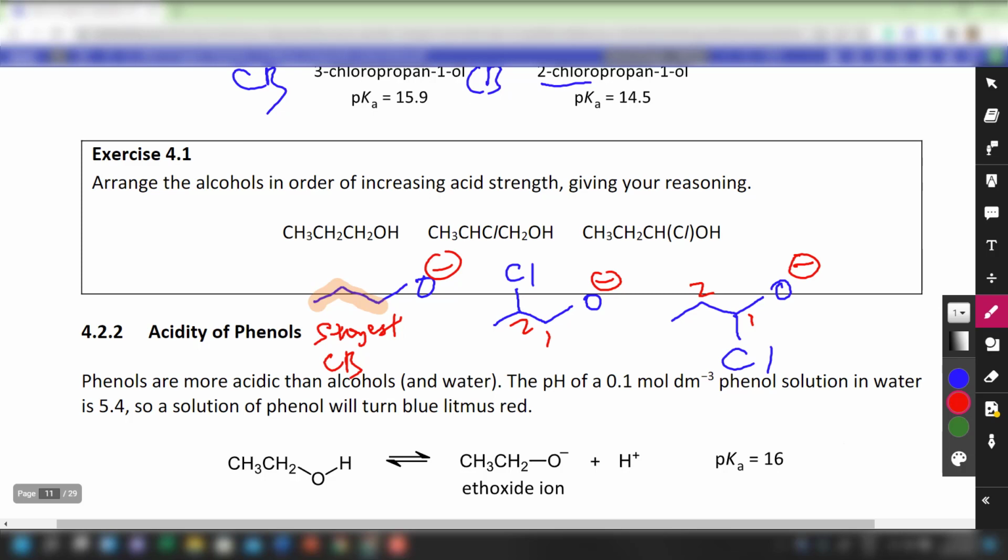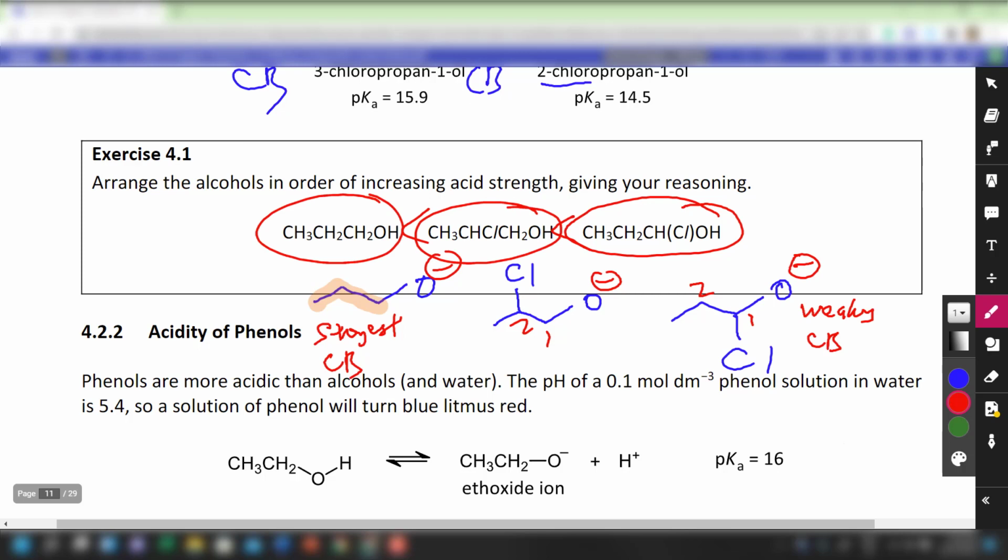Remember, electron withdrawing effect is related to the distance the group is from the negatively charged center. In this case, this will be the most stabilized, so it will be the weakest conjugate base. This is the medium one. So when we arrange them, this will be the strongest acid, followed by this, and then followed by propan-1-ol. It will be in this particular order.